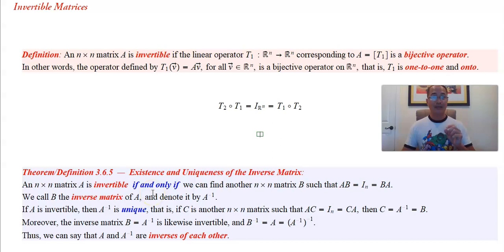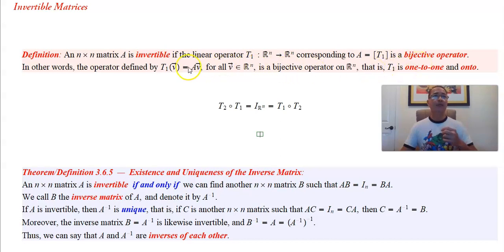Okay, we're getting close to actual computations. We're now going to talk about invertible matrices. So, an n by n matrix A is said to be invertible if the linear operator T1, so we're going to go back to T1 and T2 for a little bit, the operator T1 from Rn to Rn corresponding to A, so A is the matrix of T1, is the bijective operator.